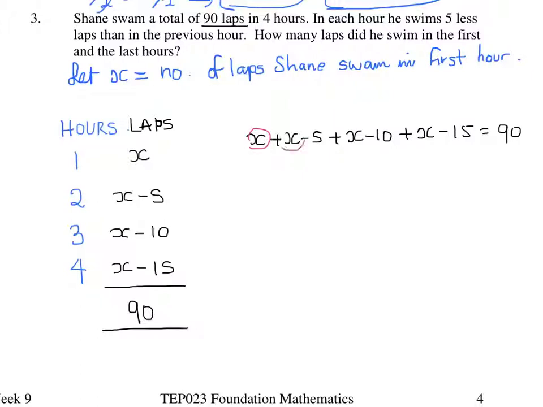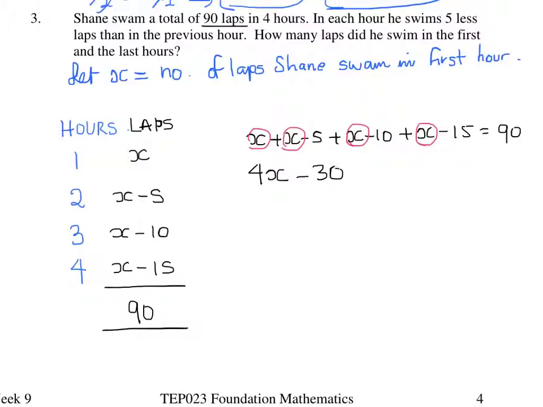x plus x plus x plus another x is 4 times x, so 4x, and then we've got negative 5 and negative 10 is negative 15, and then add negative 15 is negative 30.